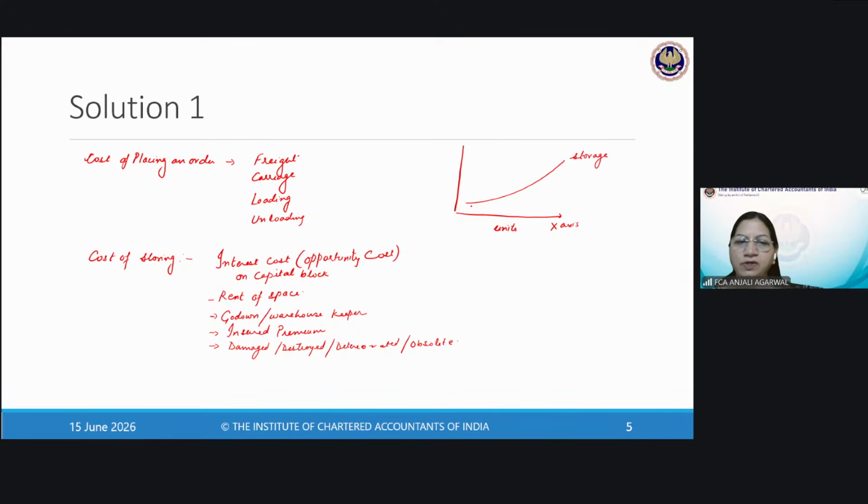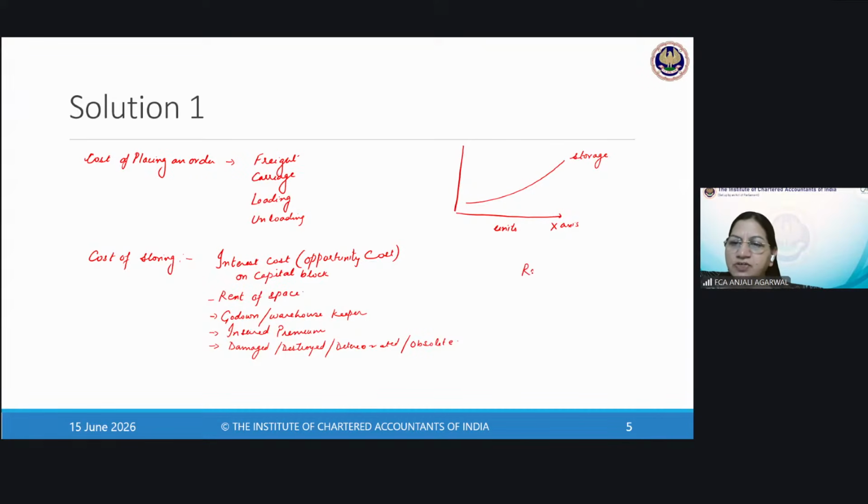So if I keep only 1 or 2 units, my investment is low, my interest cost as an opportunity cost is low. I don't need much rent space to keep 1 or 2 units. I will not even be giving more salary to the warehouse keeper as his workload is very less. The insurance premium will also be less because I am keeping only 1 or 2 units.